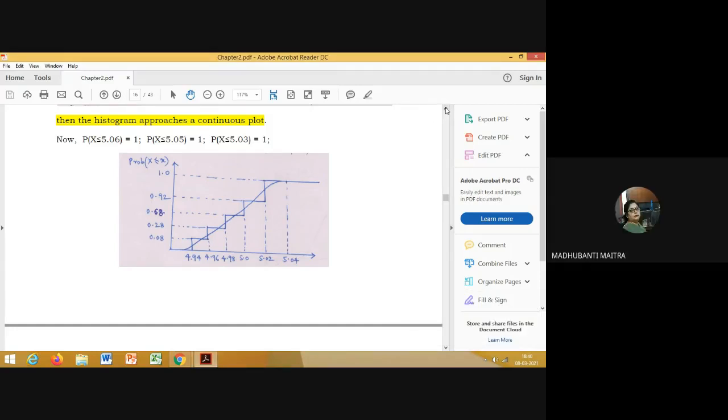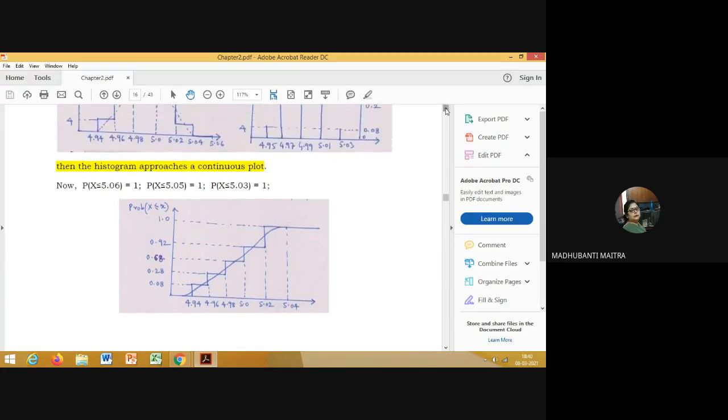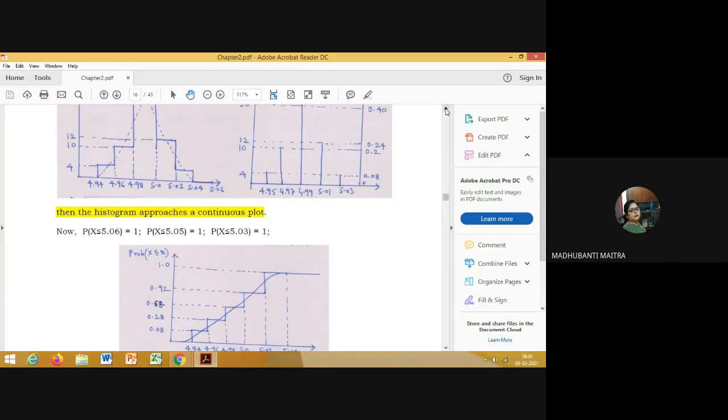Okay. So in the last class, we discussed one example where initially we assumed that the random variable will assume discrete values.